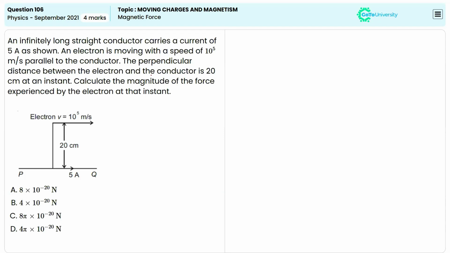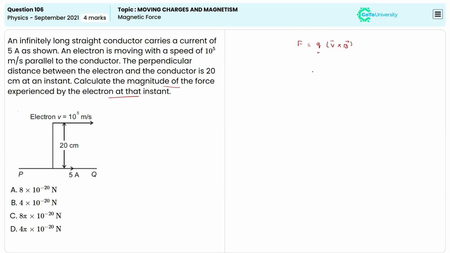So here the question is about calculating the magnitude of the force experienced by the electron at an instant. It's known that the magnetic force, or the Lorentz force, experienced by the charge can be calculated using the formula Q times V cross B in vector form, right? Here Q is representing the charge.